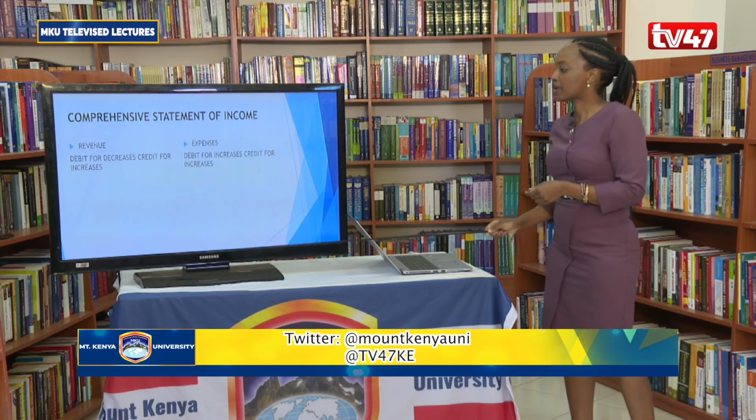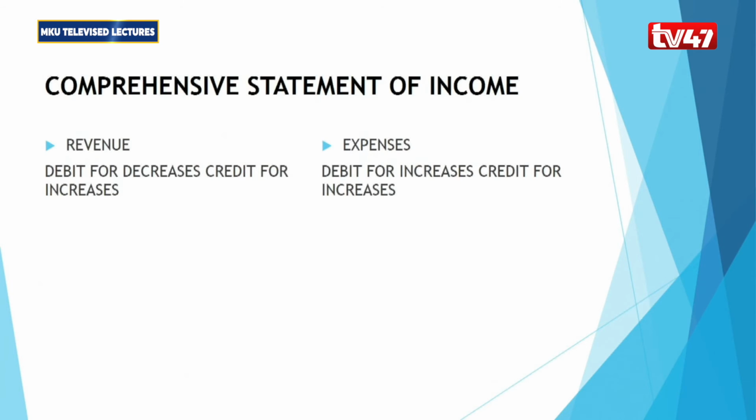So if bank account decreases with 5,000, of course, we will credit that particular transaction by virtue of the fact that bank is an asset, and then of course rent account we will debit with 5,000 shillings.